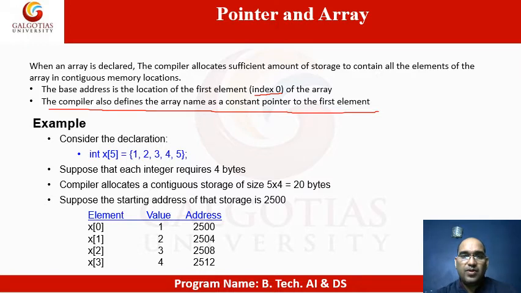Now what I want to tell you here is the meaning of x. If I use the word x only, then it indicates the address of the first element. Now let's see how.